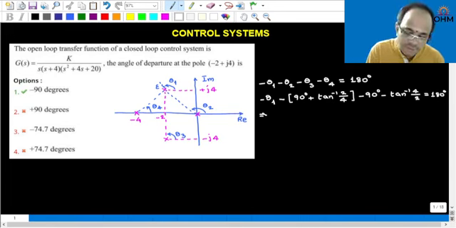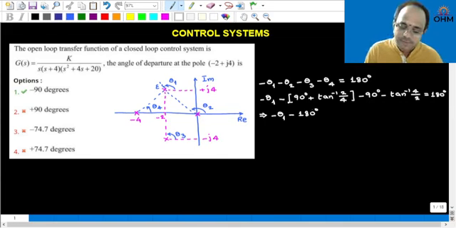Now let us simplify this. This will give you minus theta 1 minus, this 90 and 90 will be minus 180 degree, minus tan inverse 2 by 4 and minus tan inverse 4 by 2. We need not use a calculator, together it will give you minus 90 degree is equal to 180 degree.